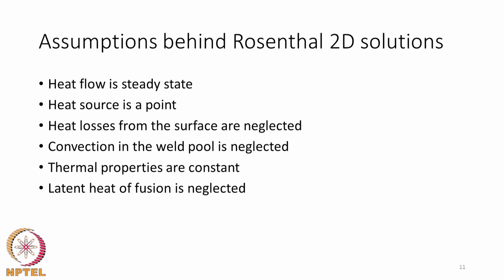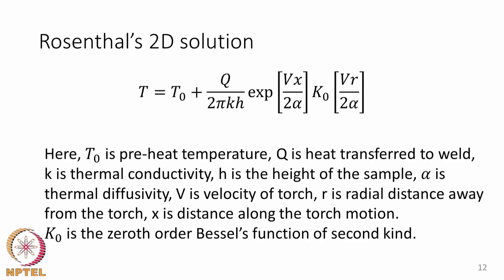The thermal properties like the thermal conductivity or heat capacity are taken as constant values, which means the temperature variation of these parameters is not considered, and then the latent heat of fusion is also ignored in this particular solution. And we can see that essentially the liquid pool is defined only by the temperature corresponding to the melting point, but otherwise no other physics regarding the phase change is considered in the Rosenthal solutions. The 2D solution is written in this form here.